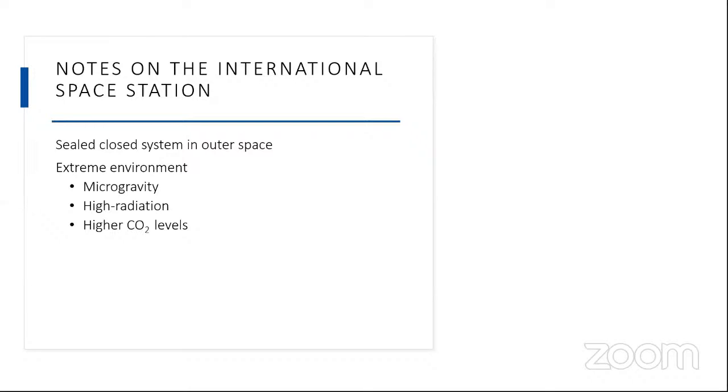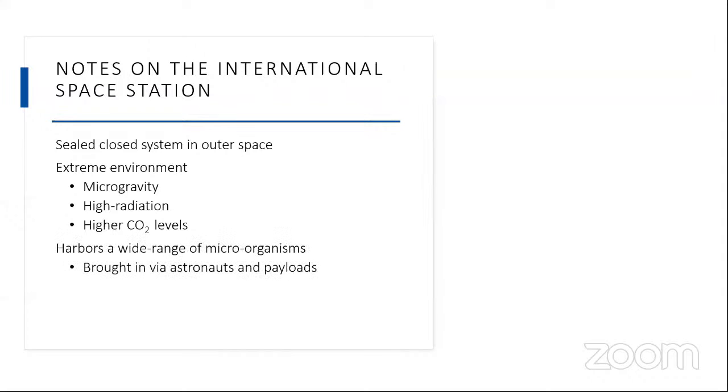And in spite of such extreme conditions, interestingly, there is evidence of a large number of microorganisms that colonize its surfaces. A recent study has even attributed this to the routine arrival of crew members and payloads.